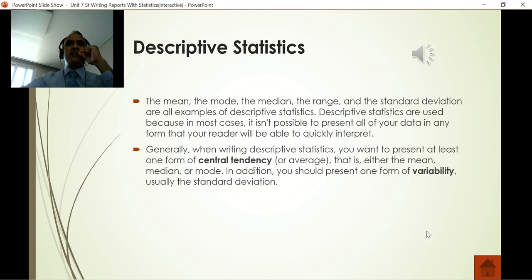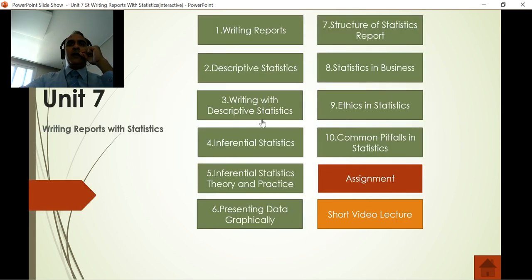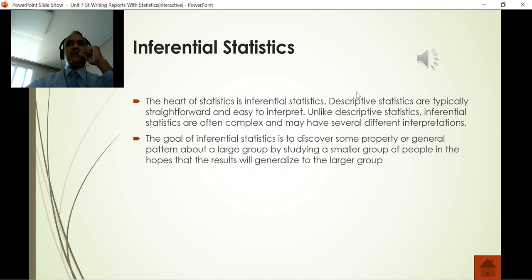Descriptive statistics is very simple. What we see is what we address, right? If we see larger or smaller, we don't have the difference that we have with inferential statistics. In inferential statistics it is different because I have to make assumptions about a population.